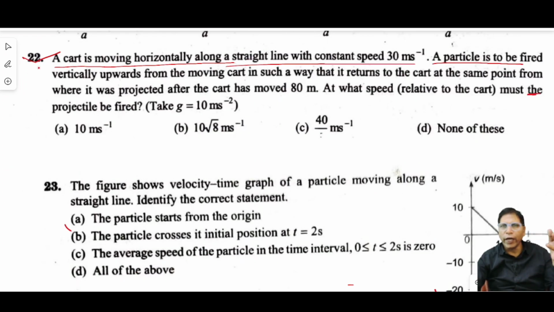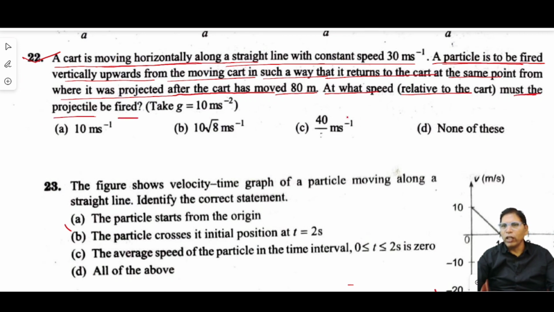Okay. Look at question number 22. A cart is moving horizontally along a straight line with constant speed 30 meter per second. A particle is to be fired vertically upward from the moving cart in such a way that it returns to the cart at the same point from where it was projected, after the cart has moved a distance of 80 meters. At what speed relative to the cart must the projectile be fired?